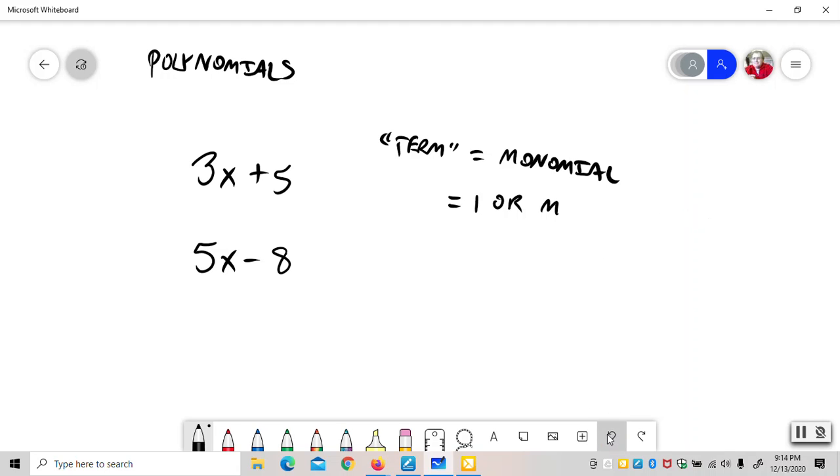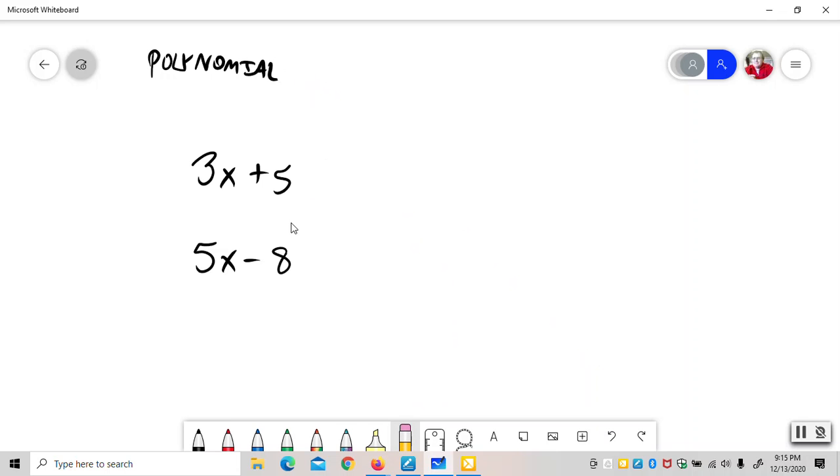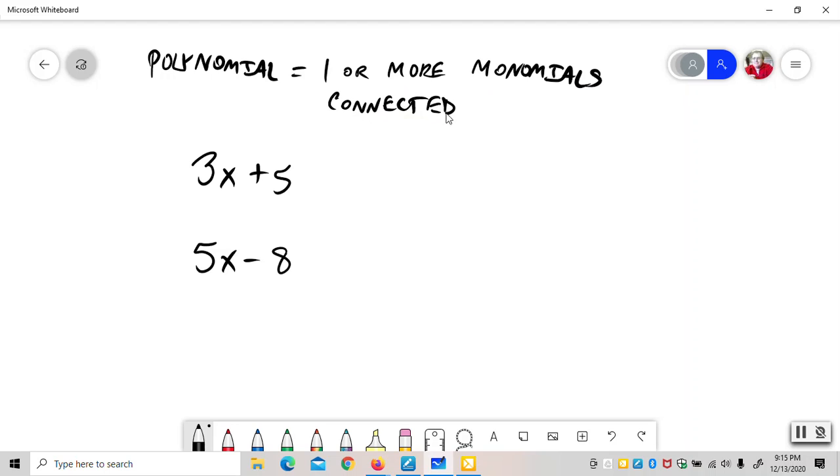So then, polynomials, and this once more is review. A polynomial is just one or more monomials connected by addition or subtraction.